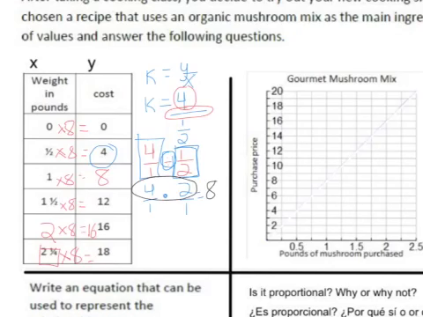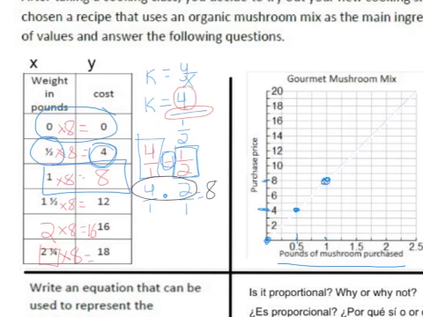Okay, so now we need to graph these points. 0, 0 is going to be right here. 1/2 is the weight in pounds of the mushroom purchased, so that's going to be 1/2 or 0.5. That's right there. Comma 4 is going to be right here. So those two lines intersect right there. 1, 8, that's our unit rate.